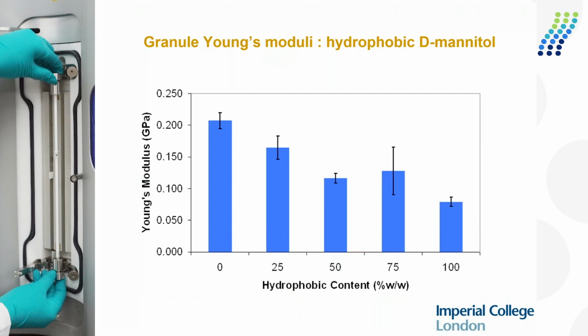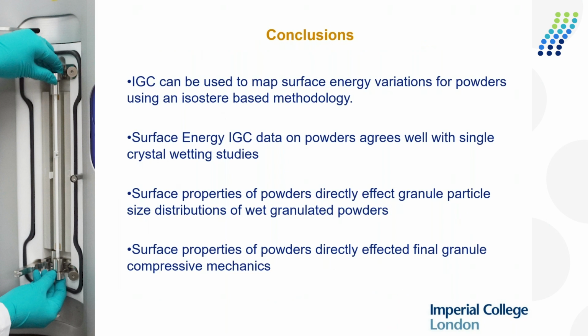So in conclusion, and I do realize that some parts of this work we didn't get to discuss in detail, but I'll show you the reference for the paper, which has a lot more information. IGC can be used to map the surface energy variations of powders using basically an isosphere-based methodology. The IGC data on powders agrees very well with single crystal wetting studies, so we have good reason to believe the IGC wetting data is accurate.